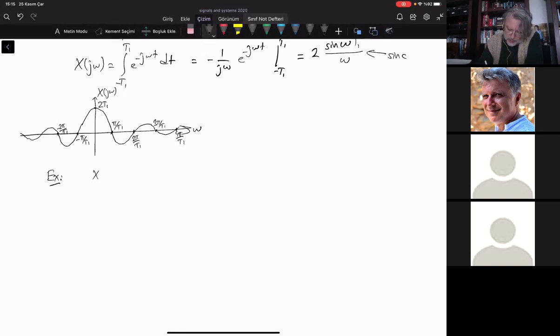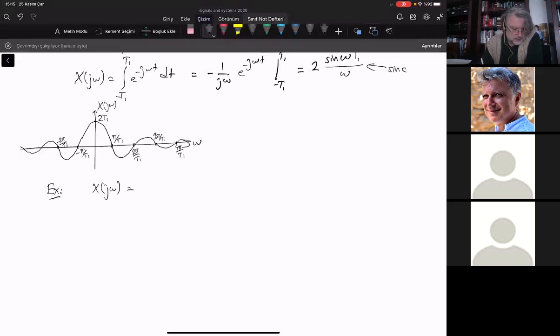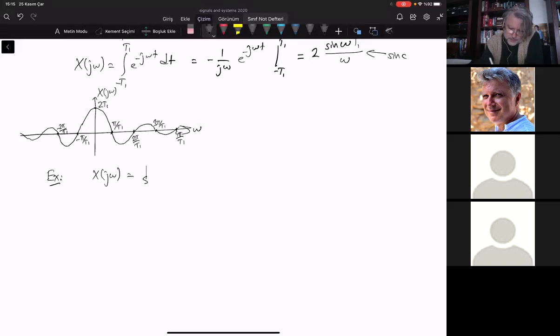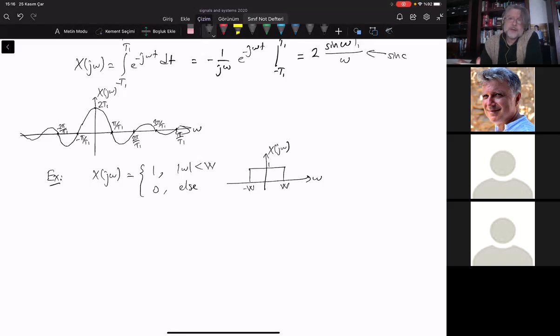The question is as follows: x of j omega, the Fourier transform this time, is given as 1 when magnitude omega is less than a threshold w, let's say, and 0 else. So essentially, it's a rectangular box on the Fourier frequency domain, omega. From minus w to w, it is 1, and this is x of j omega, something like this.